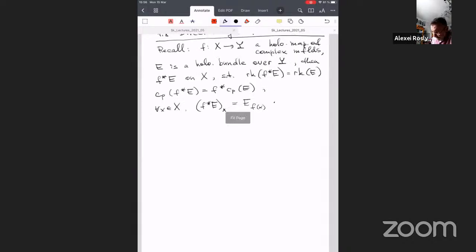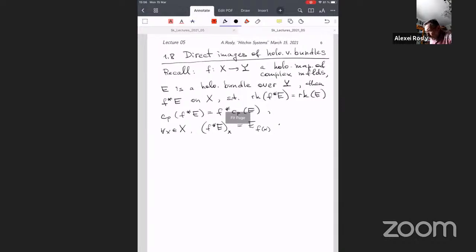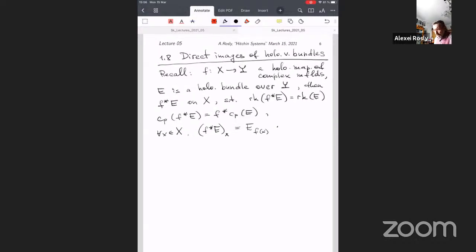The construction is the same as for topological or smooth bundles, but it respects the holomorphic structure if the map is holomorphic.